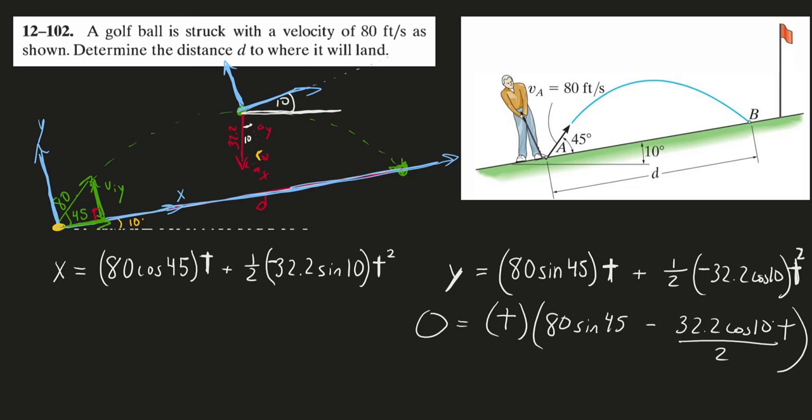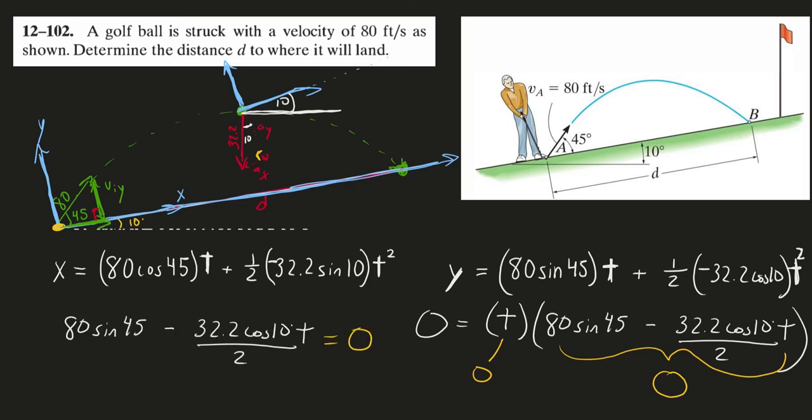So if I FOIL out one of the t's, I know that at time equal to 0, our golf ball is at a y-coordinate of 0, and that's kind of obvious, it's not too helpful. But what should t be to make this second binomial equal 0? So let's solve for that.